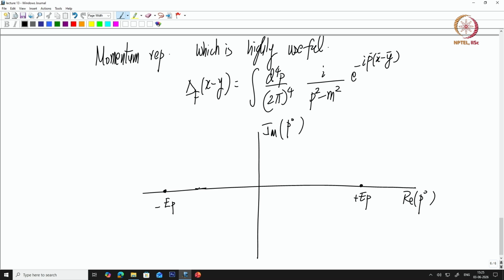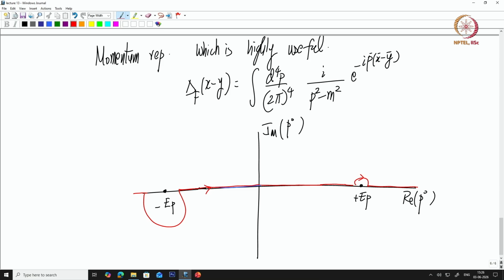You take the contour along the real axis, and going the other side, you close the contour with the other pole.